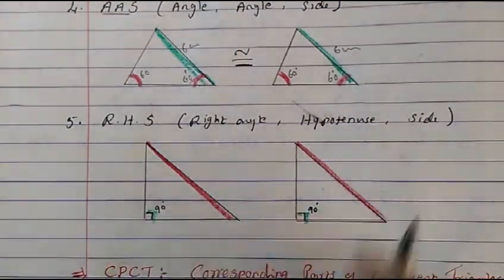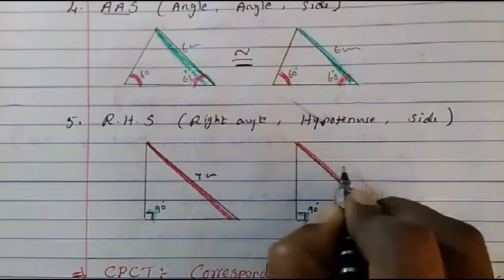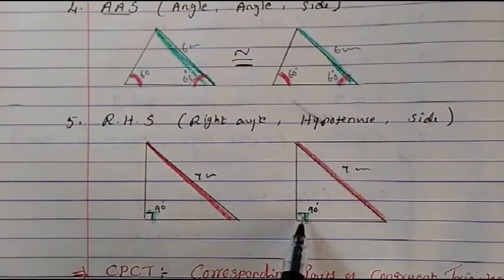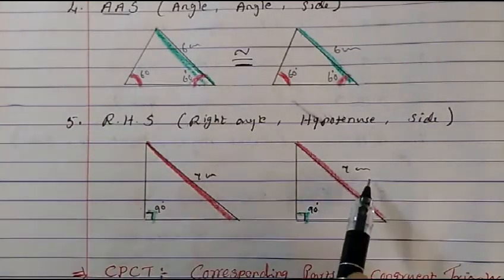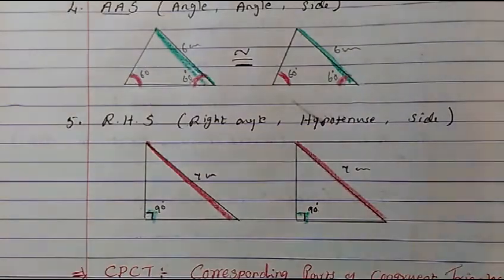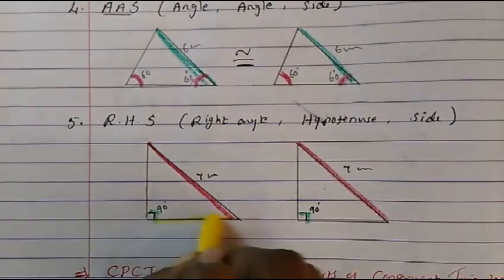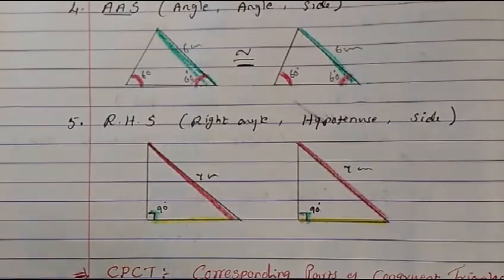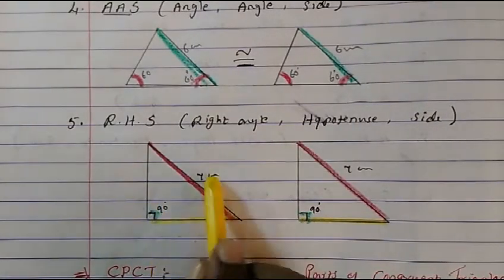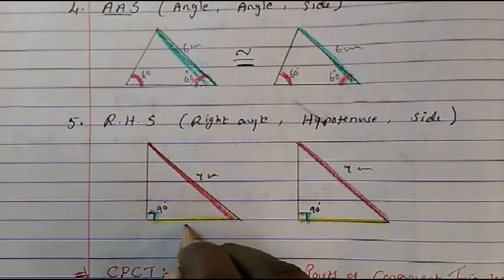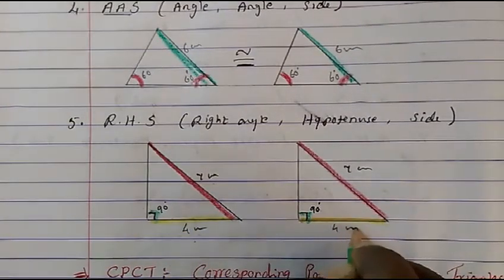Same means same measurement. If this is 7 centimeter, this also should be 7 centimeter. So the right angle is there, the hypotenuse is same to same. Then the side can be any side. Side means if this is 4 centimeter, here also 4 centimeter.